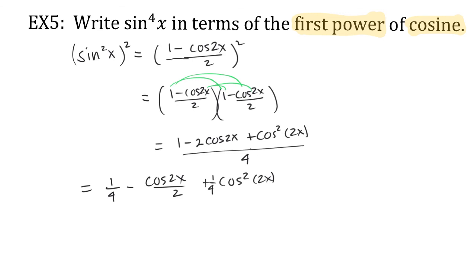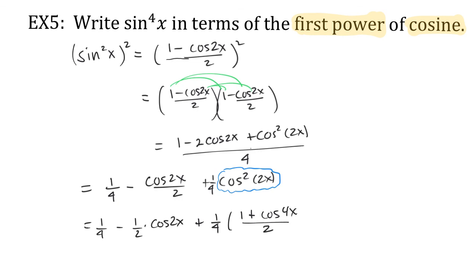Now we can lower our power. So I've got 1/4 minus this cosine of 2x, I'll just write that as 1/2 times cosine of 2x, and then I've got plus 1/4 cosine squared of 2x, that simplifies to 1 plus cosine of the double angle, so it'd be 4x, all over 2.